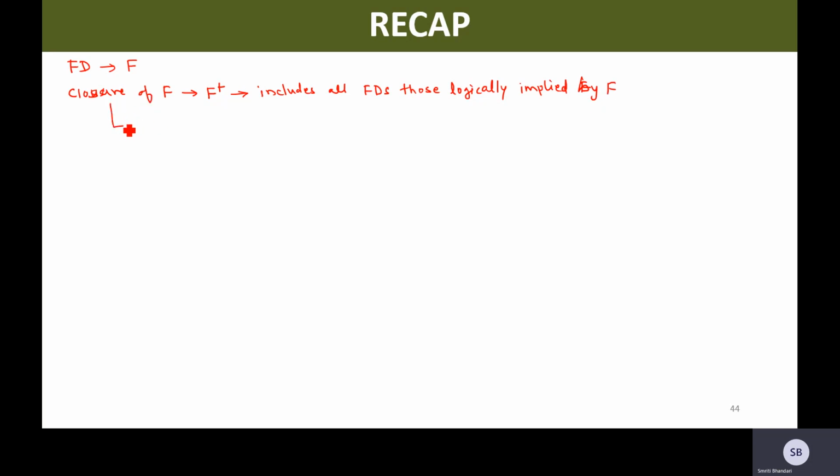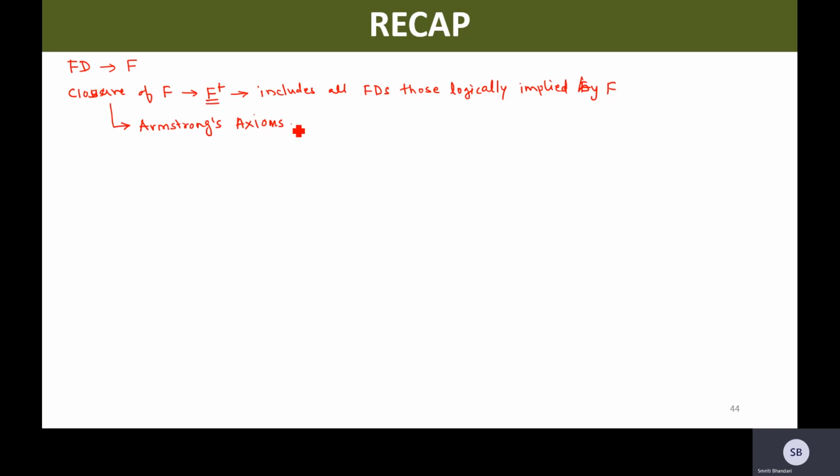So to compute the closure of F, we have seen certain rules known as Armstrong's axioms. So these are the basic rules that can be used to compute F plus.